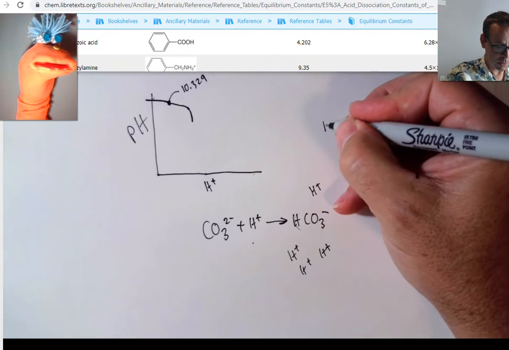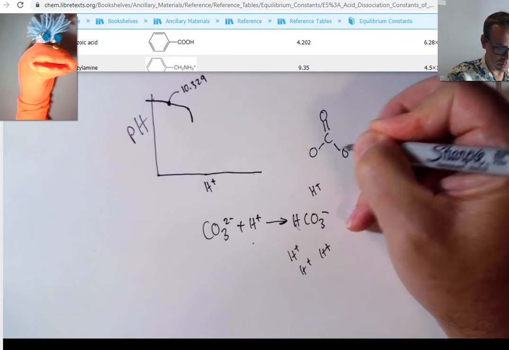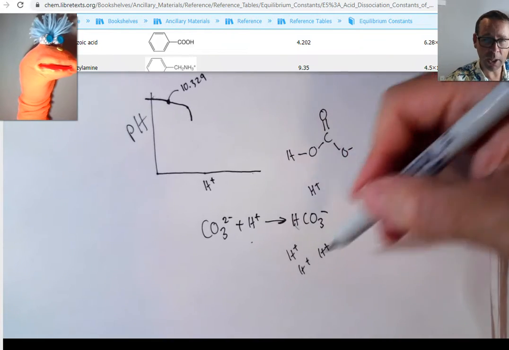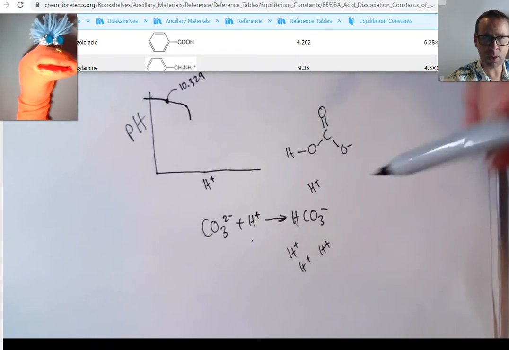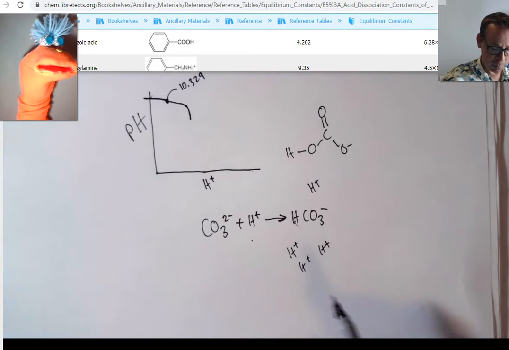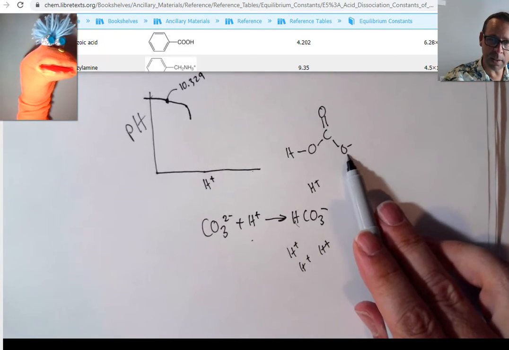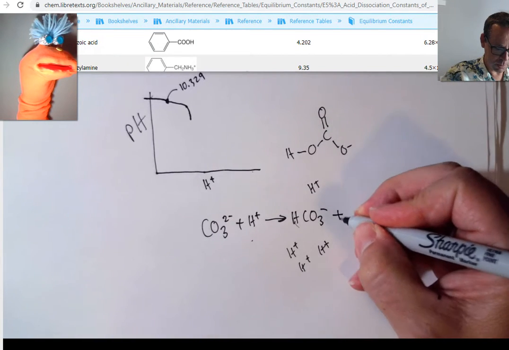Let's draw it again. It does have a negative charge, so it does have an affinity for H pluses, but it's not as strong as the CO3 2 minus because it only has one minus charge. But once the hydrogen ion builds up high enough, then it will be convinced to take a second hydrogen.